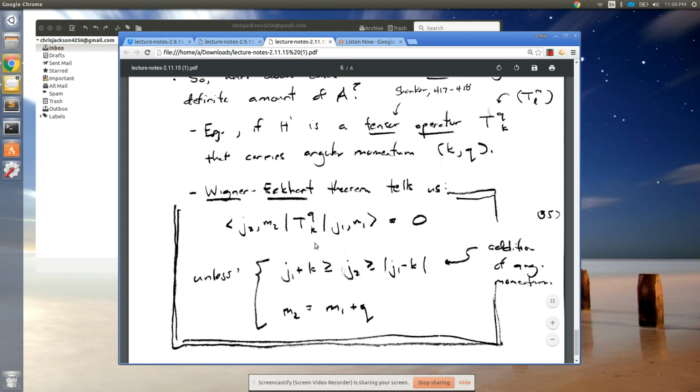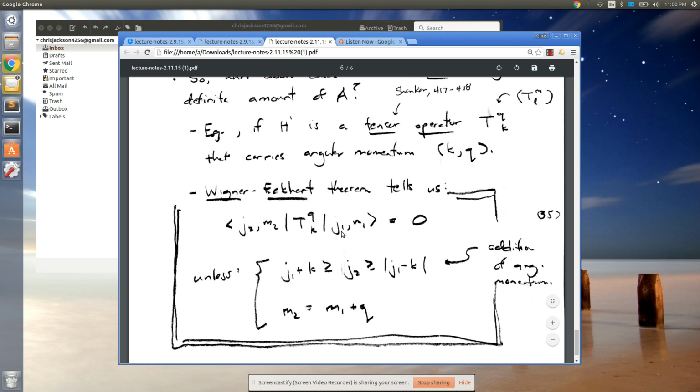Okay, so this is a matrix element between two angular momentum states, J1, M1 and J2, M2. And let's just say our Hamiltonian is just strictly this tensor operator, right? And what the Wigner-Eckhart theorem tells us is that this matrix element vanishes unless J1 plus K equals J2.